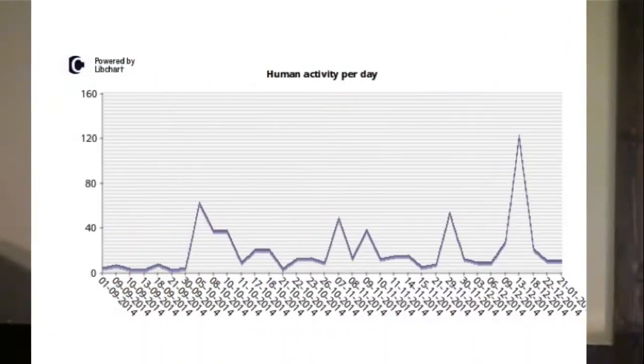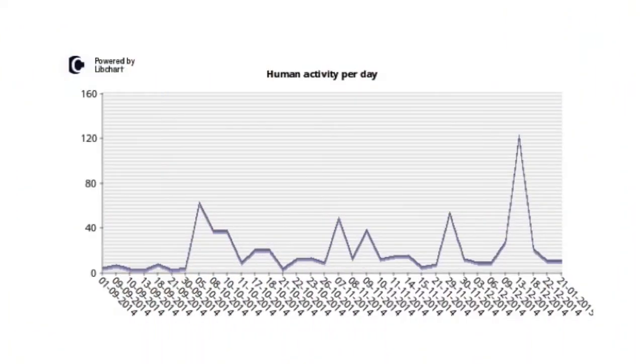And so one of the things that Kippo can keep track of is what are they trying to do? This shows a graph of the number of times that it appears that a human is doing something, whether they're trying to download another tool. One of the first things they usually do is try to shut off iptables.